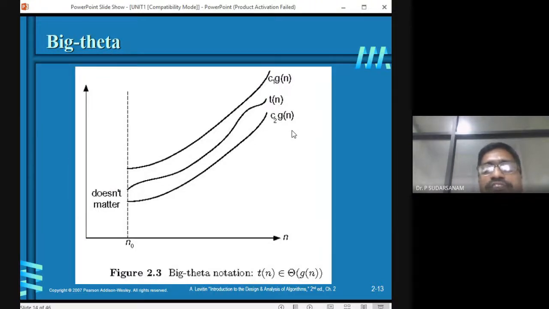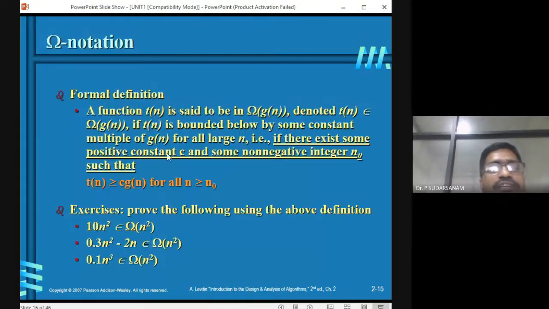Now I'll show you the definitions. First I'll come to this one: omega. A function T of n is said to be omega of g of n. T of n is nothing but the time for n values, and g of n is your function. Now you will write the sentence formation: your function T of n is said to be in omega of g of n.